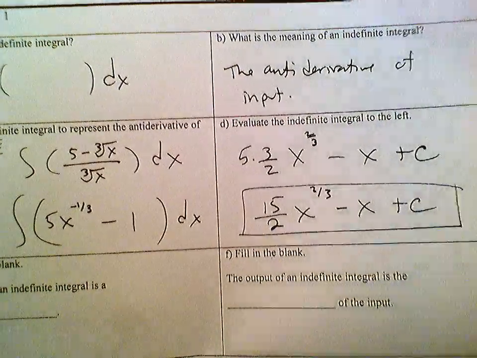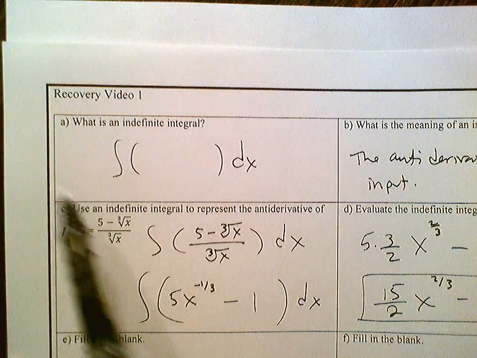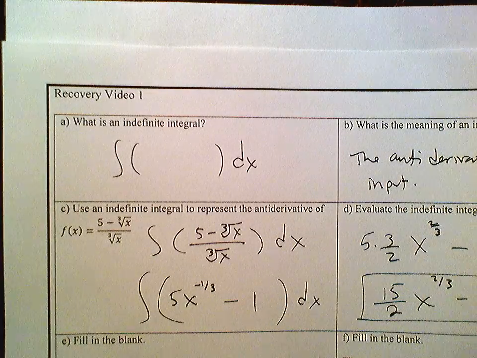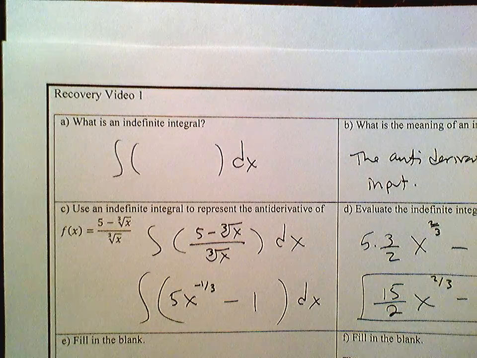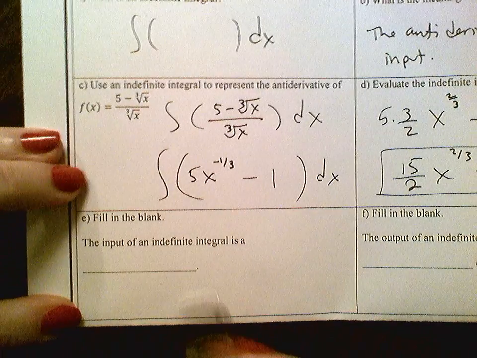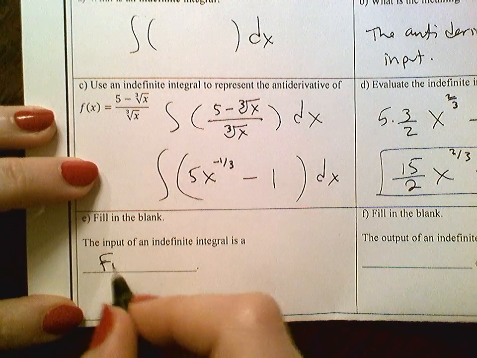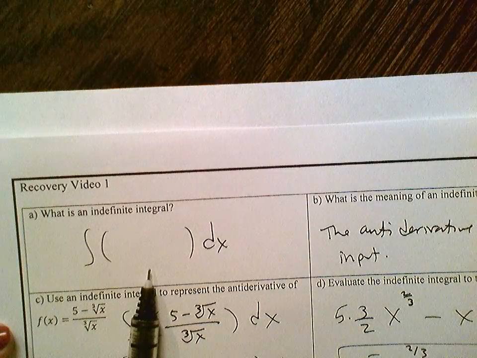Okay? Now, I think it will be helpful if you thought of this as a function. When you see this notation, you think of it as the antiderivative function. And the way a function works is you have an input and you have an output. So let's fill in these blanks. The input of an indefinite integral is a function. Okay, you put some function inside of here.